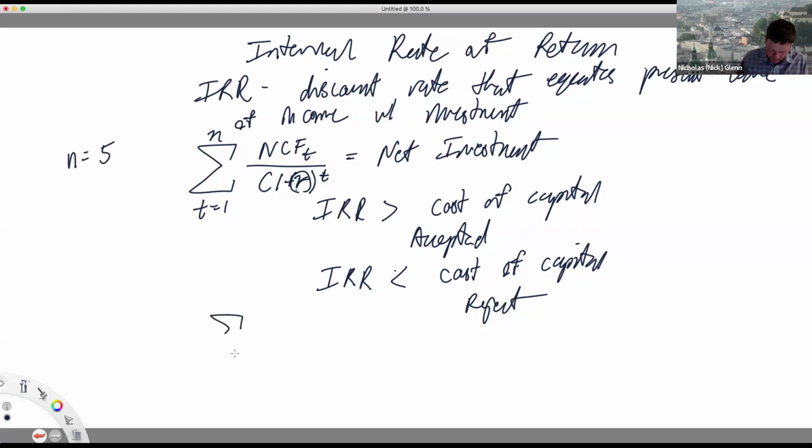So they take this formula, the summation of these net cash flows that you get each year, discounted in present value terms, equal to your net investment. What you can do here is put this in terms of a dollar annuity.